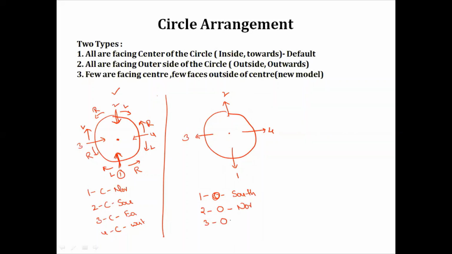Person 3 faces outside the center, he faces west, and person 4 faces outside the center, he faces east. Now when we assume the right direction and the left direction, here right is clockwise direction and the left is anti-clockwise direction.